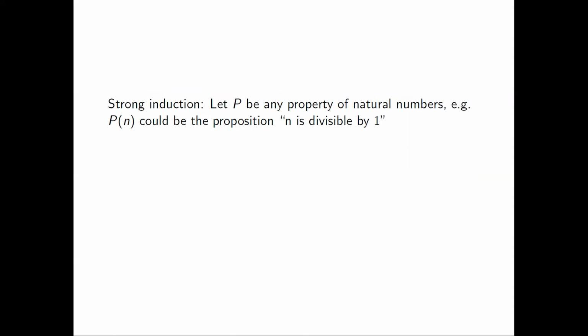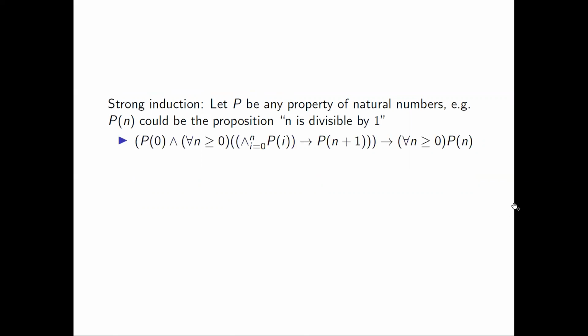P is just a property of the natural numbers. So for example, P of n could be the proposition that n is divisible by 1. Now, the axiom that we have here for strong induction differs from weak induction, and it differs in one specific place. So let's look at it.